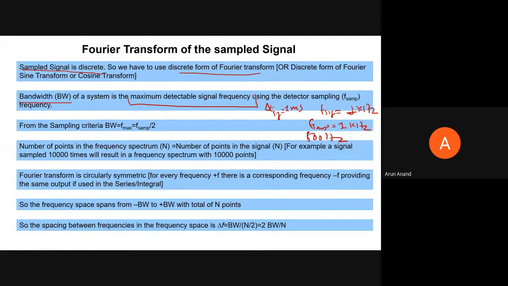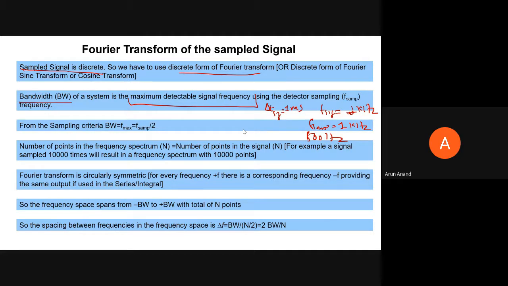According to the Nyquist criteria, your sampling frequency should be at least twice the signal frequency. And if your sampling frequency is 1 kilohertz, then the detectable signal frequency is only 500 hertz. So that is equivalent to half the sampling frequency, correct? Am I clear? Yes, sir.